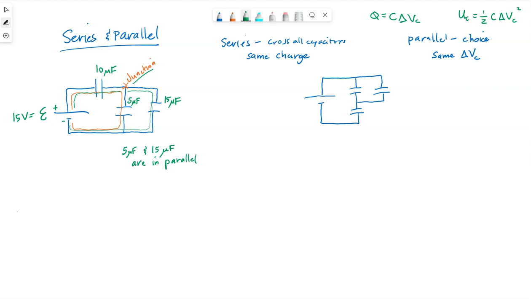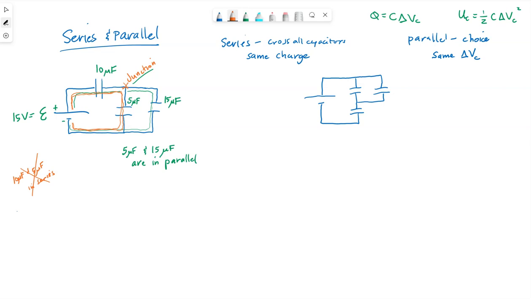Now, one thing to mention, in the first path, as I went through the 10, I absolutely have to pass through the 10 microfarad capacitor regardless of the path I choose. And then if I go down the first branch, then I also have to go through the 5. So it might be tempting to say the 10 microfarad capacitor and the 5 microfarad capacitor are in series. But that is not the case.